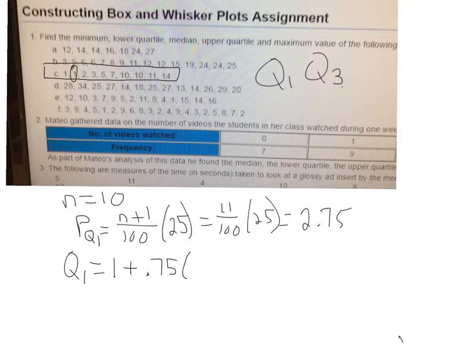We don't get all the way to 3, so we take 2 minus 1 there, because 1 is the second value and 3 is the third value. So 1 plus 0.75 equals 1.75, and that's how I got Q1. You do the same thing for Q3, only you would put 75 in as that number in the formula, and then work it out the same way.